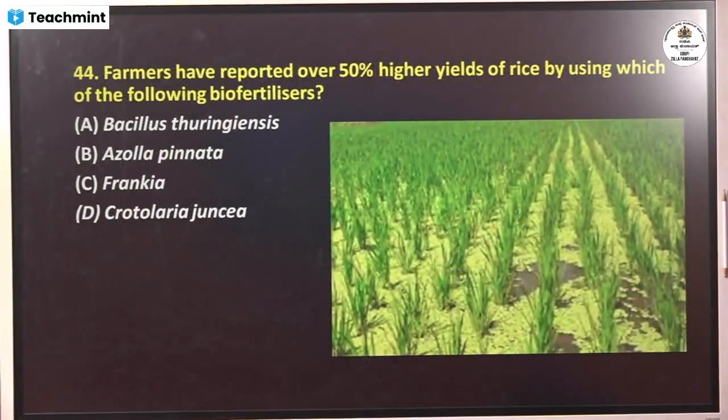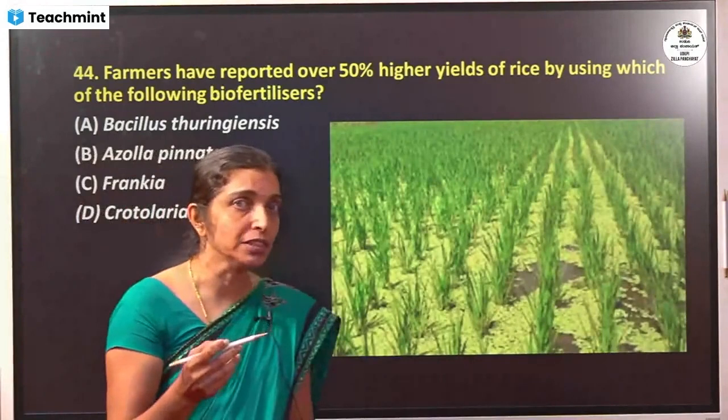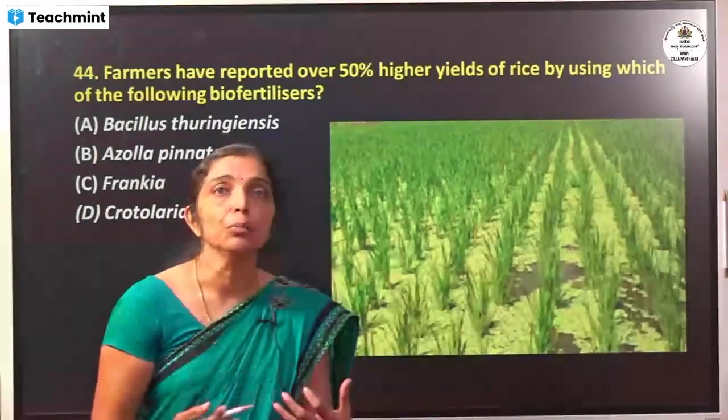Farmers have reported over 50% higher yields of rice by using which of the following biofertilizers? Bacillus thuringiensis, Azolla pinnata, Frankia, Crotalaria, or Gentiana. Which is the one used in the paddy fields in order to enhance the productivity?